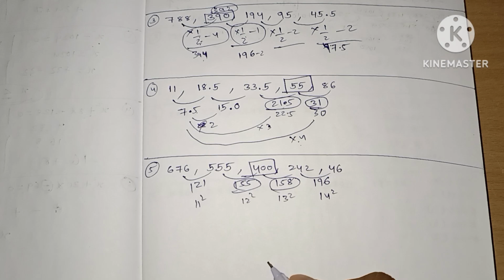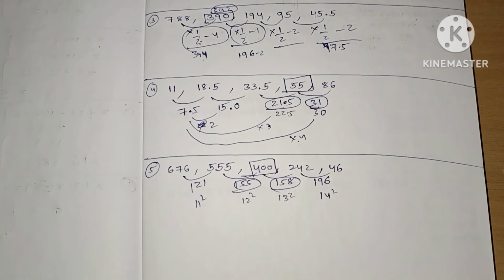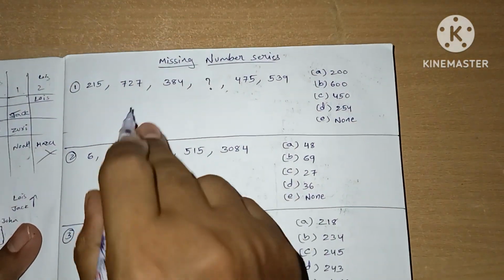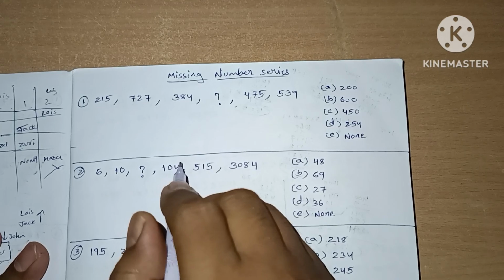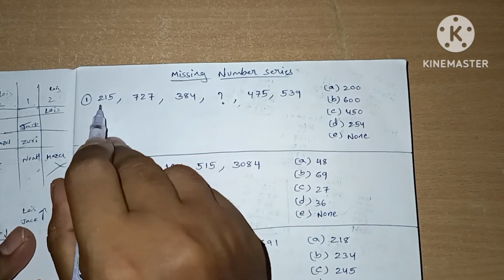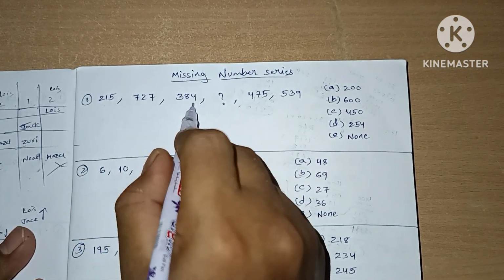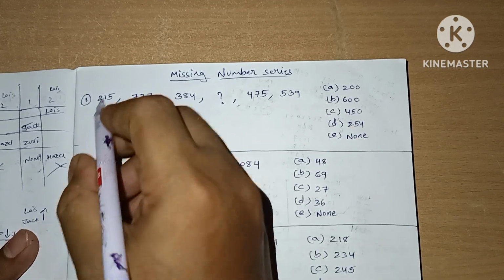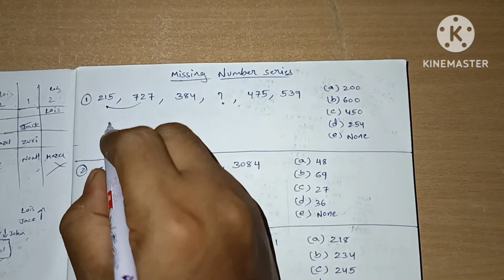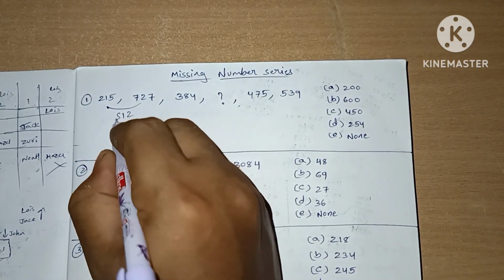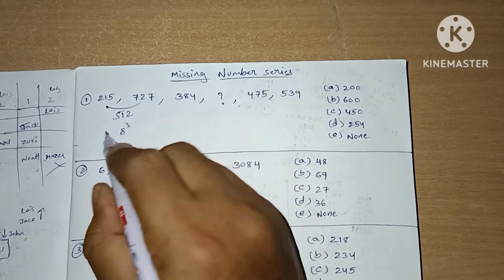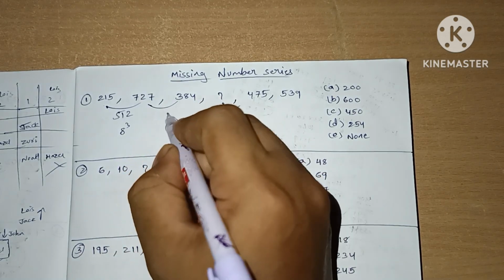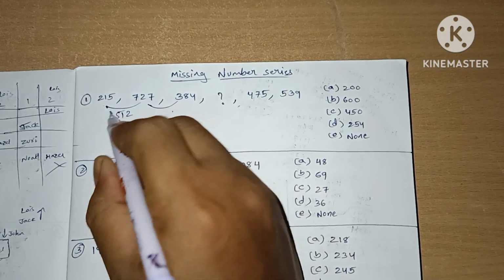Now we are going to see missing number series. So increasing, decreasing, increasing and decreasing. So we'll go with the differences. Here the difference is 2, 1 and 5, 5, 1, 2, which is 8 cube. Okay, here the difference is, this is plus.